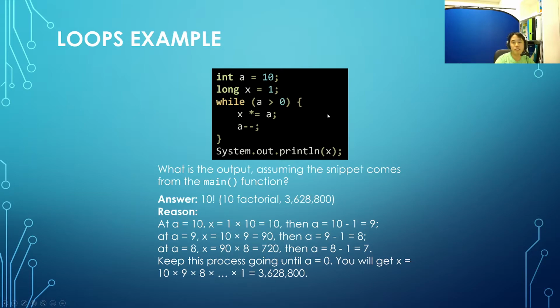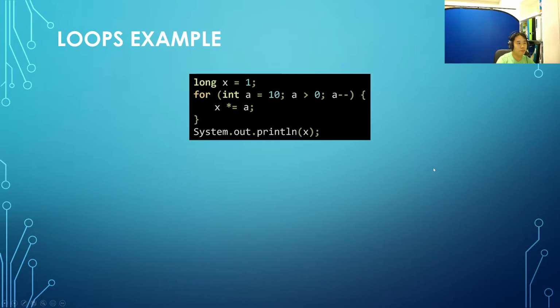We're not going to multiply by 0, of course, because the check comes after a equals 1 gets decreased. In other words, just do the process in your head, and you will get that x will be multiplied by 10, then 9, then 8, all the way down to 1, which basically equals 10 factorial. Okay? Good job. Now, here's another thing. We have a for loop example here as well.